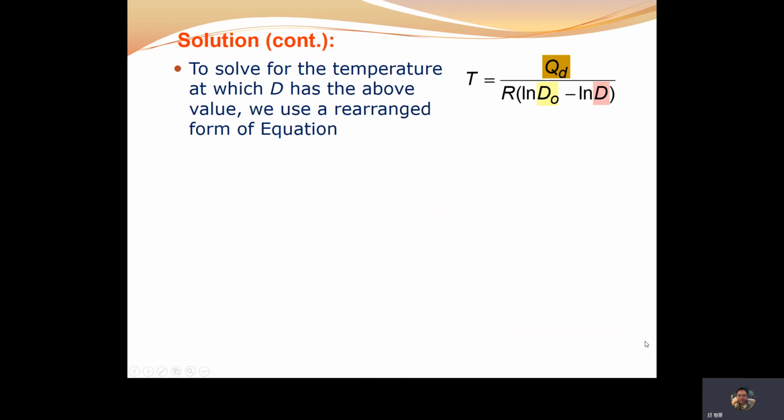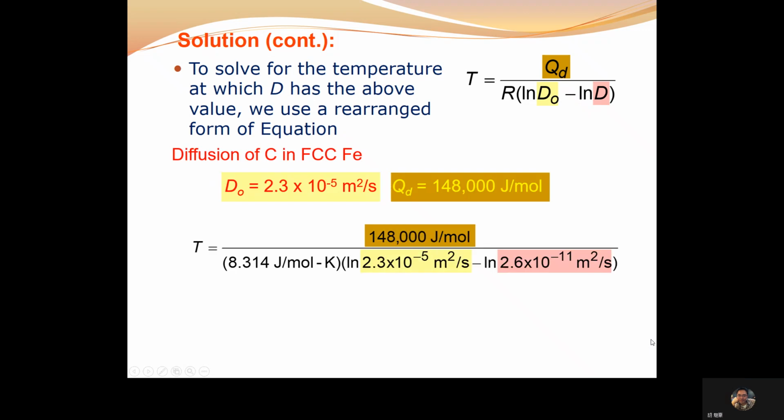Then to solve for the temperature, we use a rearranged form of the equation D equals D naught times the exponential of minus Q over RT. Do you remember this?